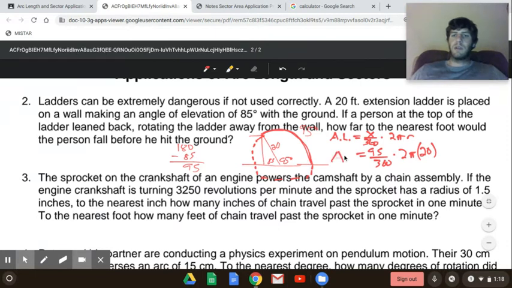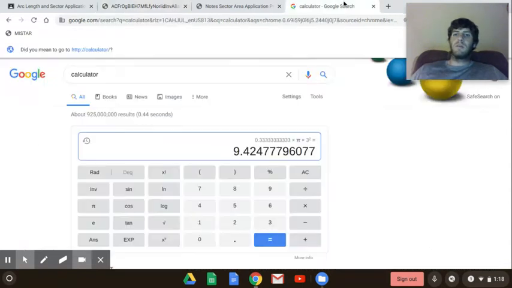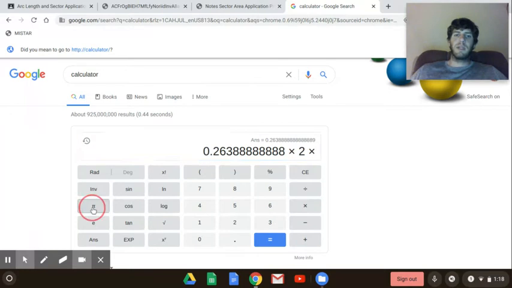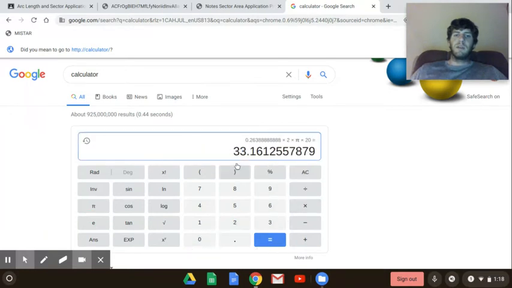We put that in the calculator. How far to the nearest foot? We have 95 over 360 times 2 times pi times our radius of 20. That's 33.16, so to the nearest foot would be 33.